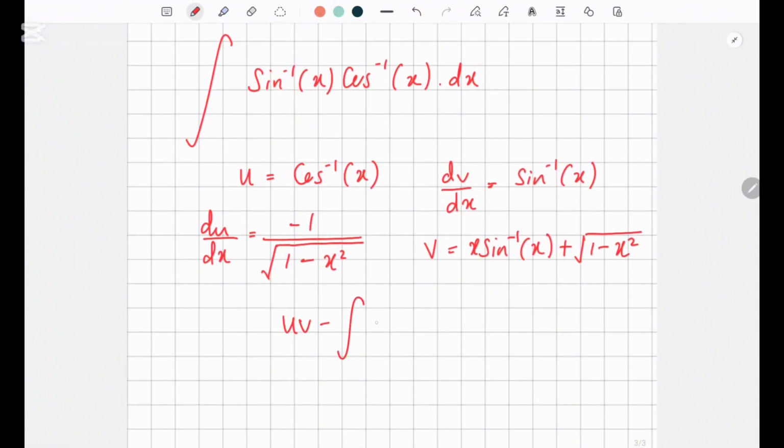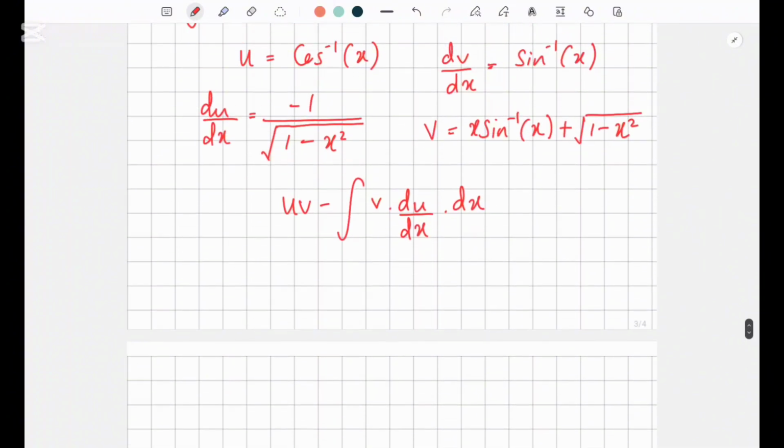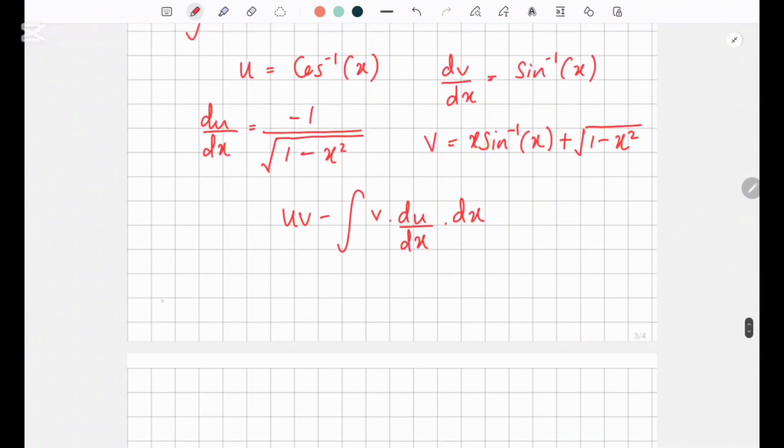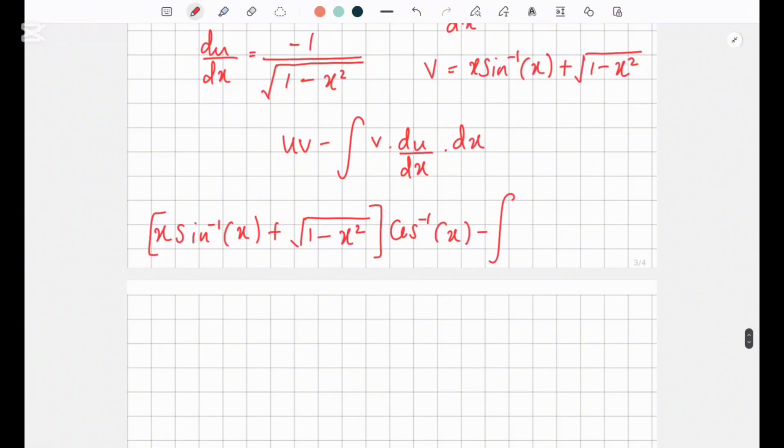So this is the original formula for integration by parts. So u into v is x sine inverse x plus root 1 minus x squared into cos inverse x, minus the integration of v into du over dx.